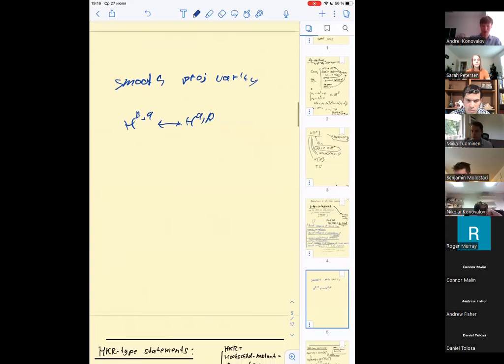So in particular, whenever you have a smooth projective variety, its odd cohomology groups are even dimensional. For example, H1 and H3, and all these guys are even dimensional.